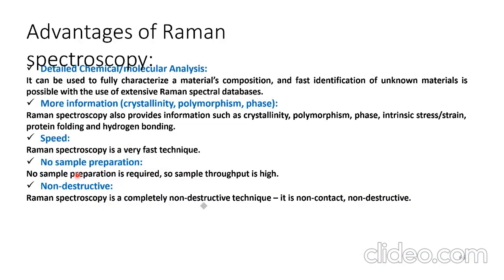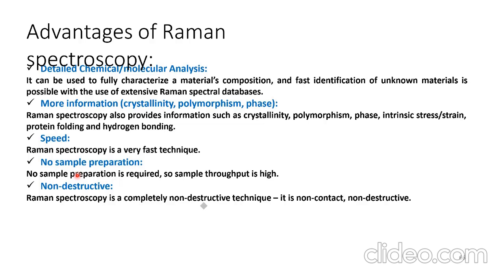So there are numerous advantages of this Raman spectroscopy. Detailed chemical and molecular analysis can be done. It can be used to fully characterize a material's composition, and fast identification of unknown materials can be done.